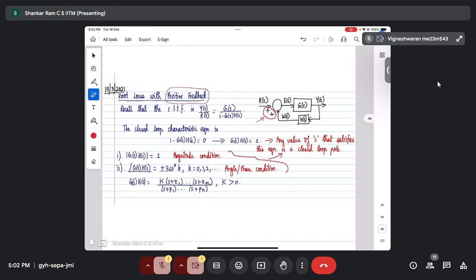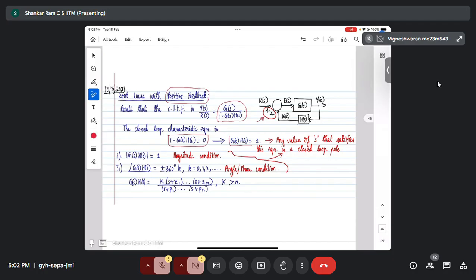We already know that with positive feedback, the closed loop transfer function comes out to be G(s) divided by 1 minus G(s)H(s). In the case of negative feedback, kindly recall that the denominator was 1 plus G(s)H(s), right? So consequently, the closed loop characteristic equation becomes 1 minus G(s)H(s) equal to 0.